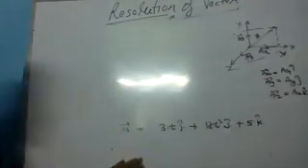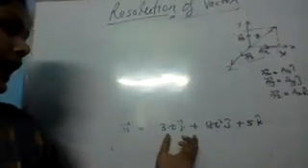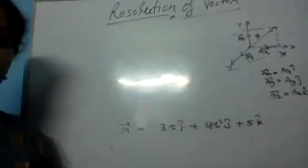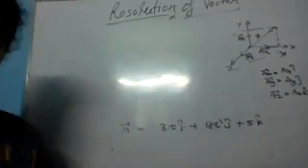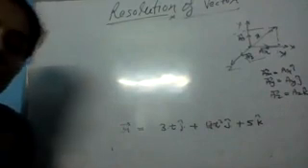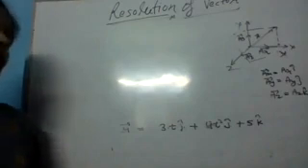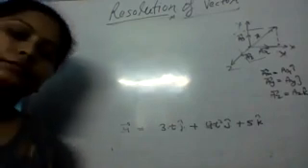This is your position vector: 3t i cap plus 4t square j cap plus 5 k cap. And if you want to find out velocity, then what will you do? If we have position, then how can we find out the velocity?